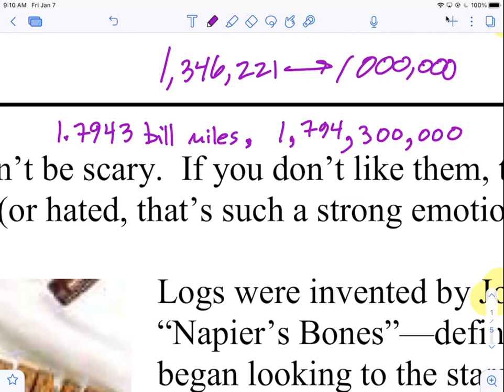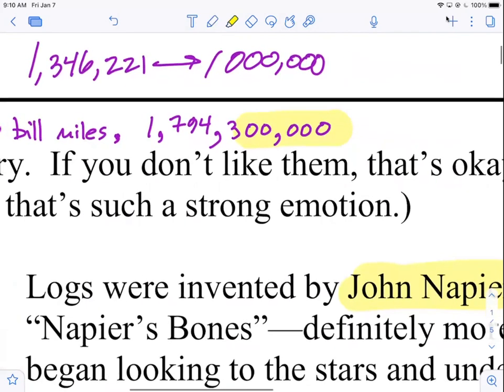Okay. Now, if this number is supposed to be equivalent to that, let me ask you this. Do you think for reals that Uranus happens to actually be 1,794,300 convenient thousand miles away? No, it's probably just that they rounded up to 4 decimal places. Wait, what? 4?